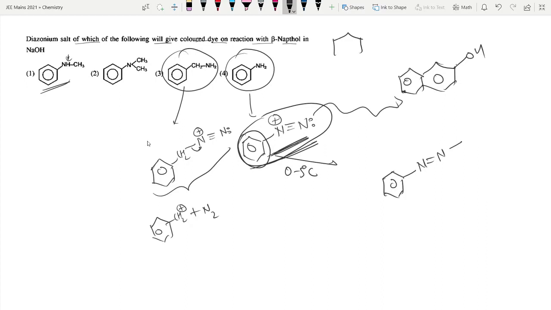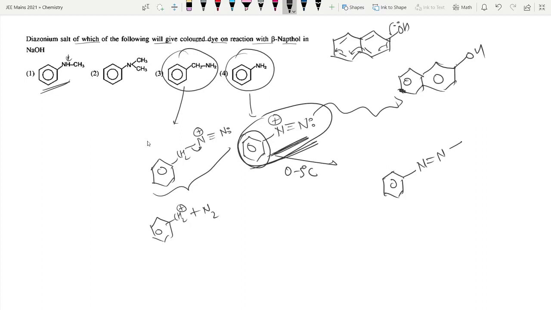Let's break it down a little bit. This is your OH group, and here the lone pair can get transferred to here, and the double bond can go here, and this can go here. Yes, this position is activated.